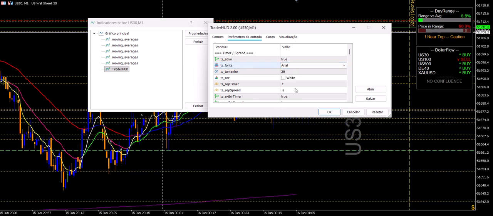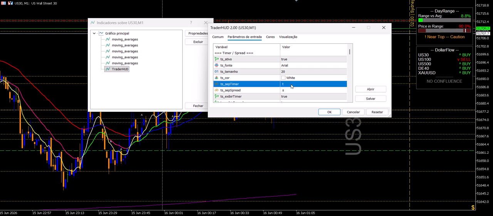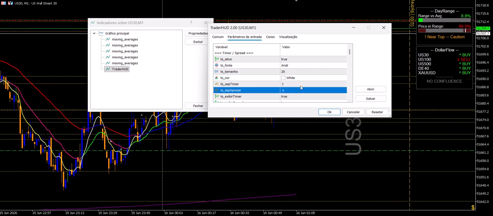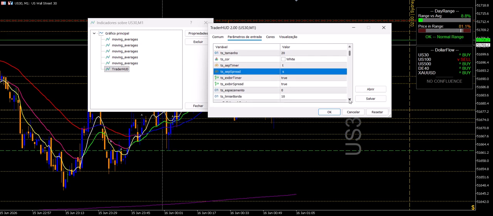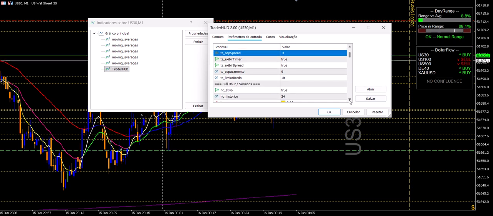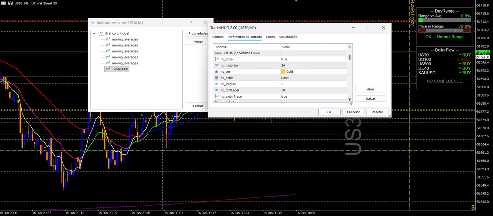Several available: size, color. The separator between symbol and timeframe. Timer and spread text can be removed, added, enabled, or disabled. Spacing and edge threshold, the distance from screen edge.